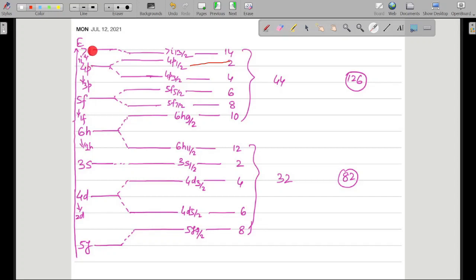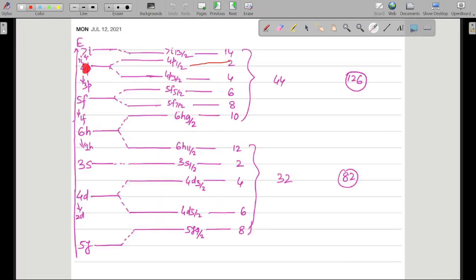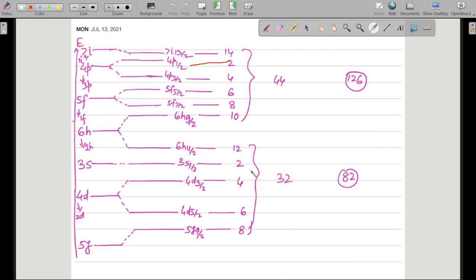After P we have I. How do we have I after P? You can see in this trick. After P we have I over there. So it will be 7I because this is the 7th shell. You can clearly see first shell, second shell, third shell, fourth shell, fifth shell, sixth shell. This is the 6th shell, this is the 7th shell. So that will be 7I.